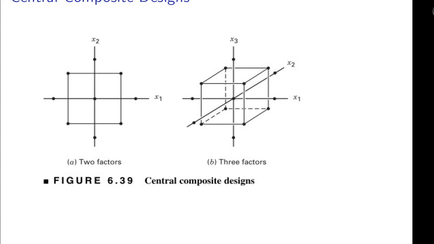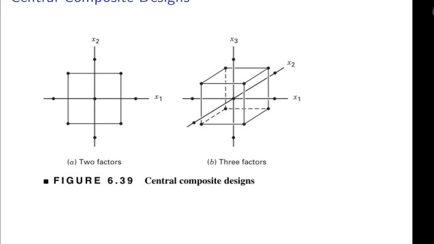So a central composite design for 2 factors begins with the original 2 to the k design that is shown in the 4 intersections, and the additional 5 points, 4 along the axes, 1 at the center.